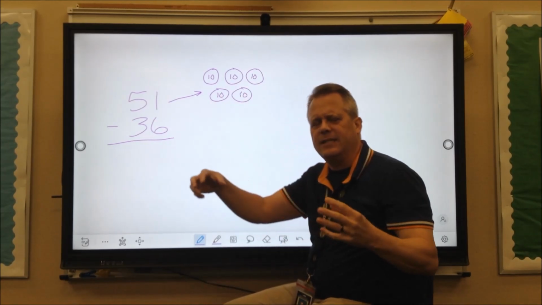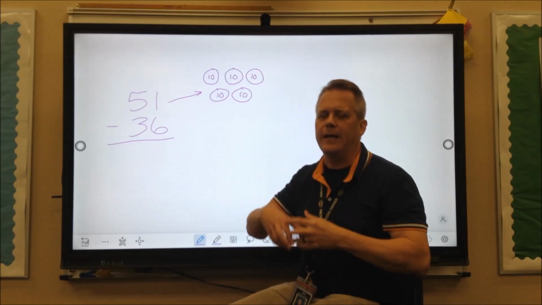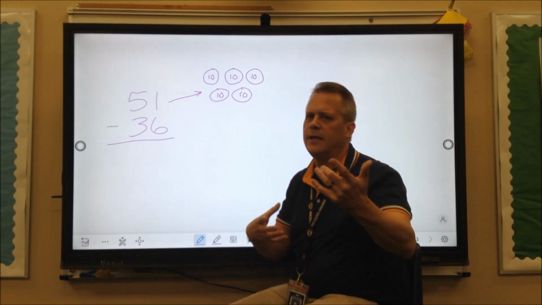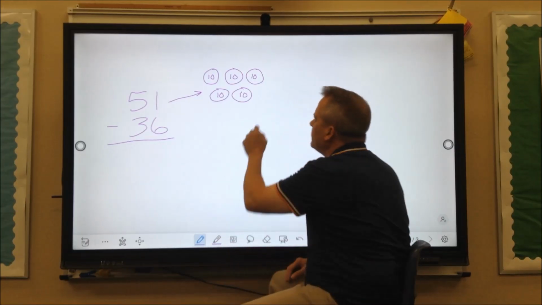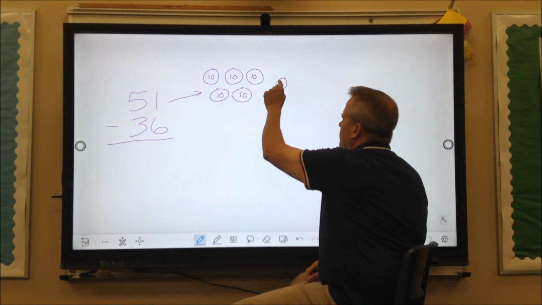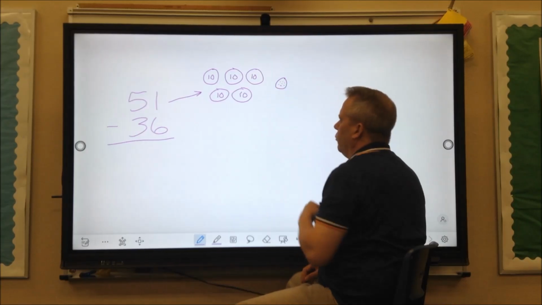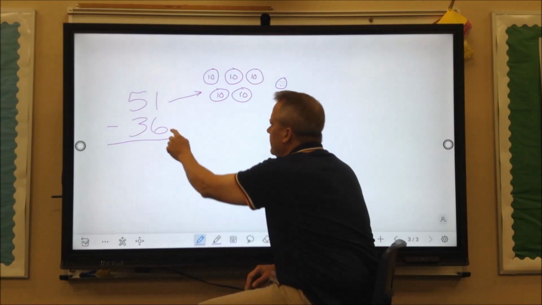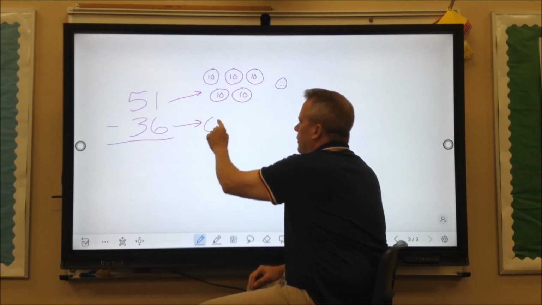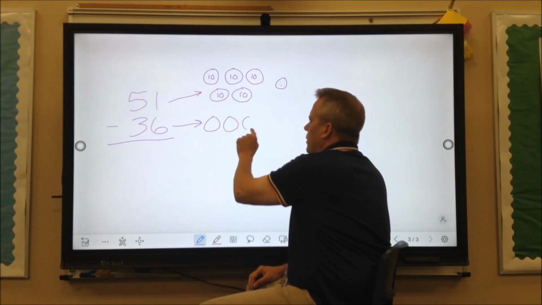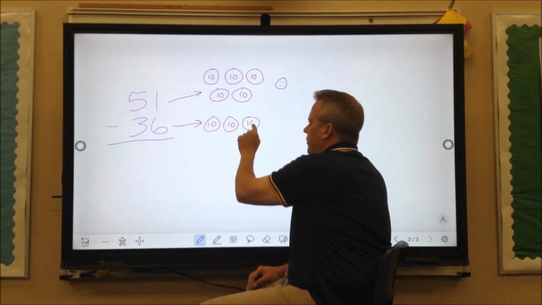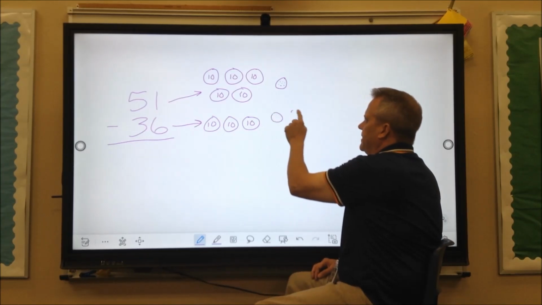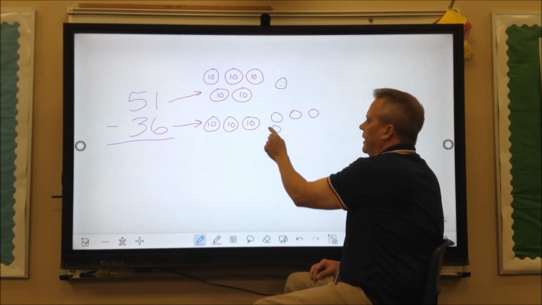And you might see a teacher use a stick of 10, base 10 blocks. If that helps you, feel free to use that as well. And then over here, I'm just going to draw my little 1 cookie all by itself. And then I'm going to go here, 1, 2, 3, so that's 10, 20, 30. And then I'm going to make 6 cookies right here.